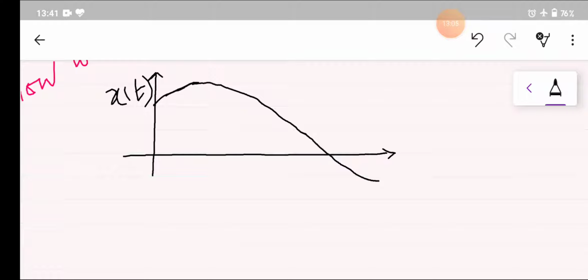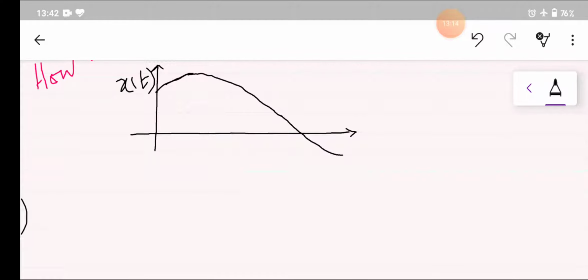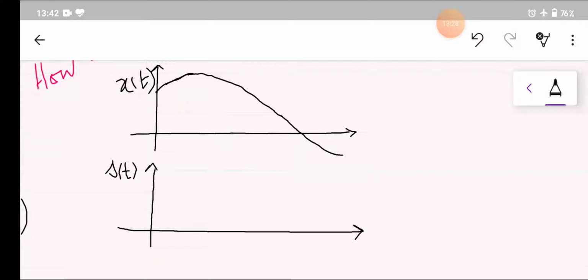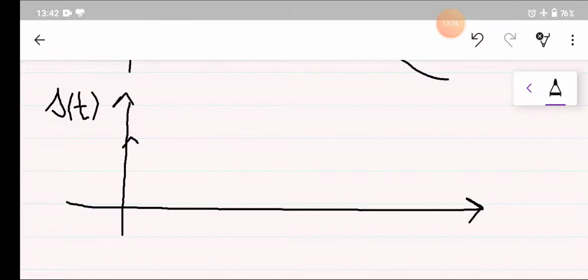Now when it is multiplied by the impulse train, or when the sampler is used, the signal is converted to samples like this. So I can say that this is our s(t). We have an impulse here, then if this is our Ts, say if this is our Ts, then we have another impulse at this point.